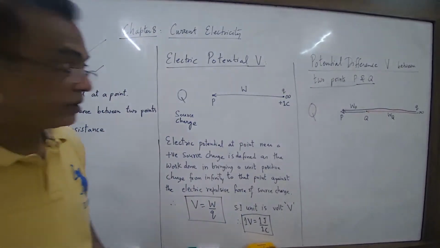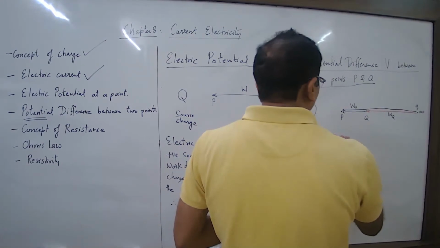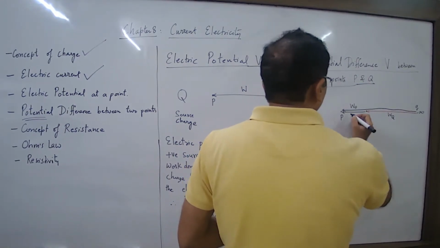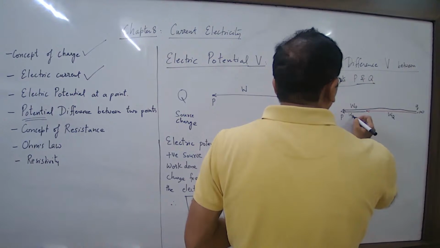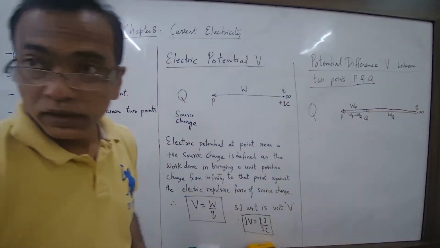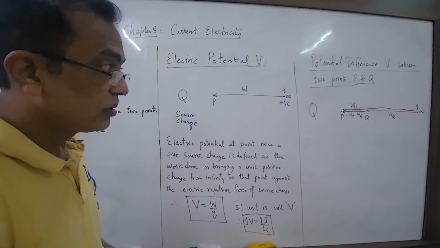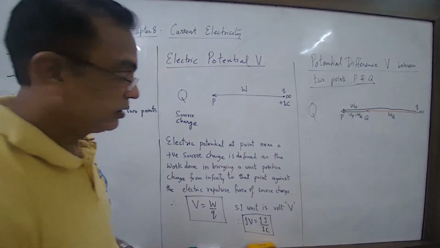Isn't it? So therefore, the work done will be WP minus WQ. Isn't it? So this is the potential difference, right?